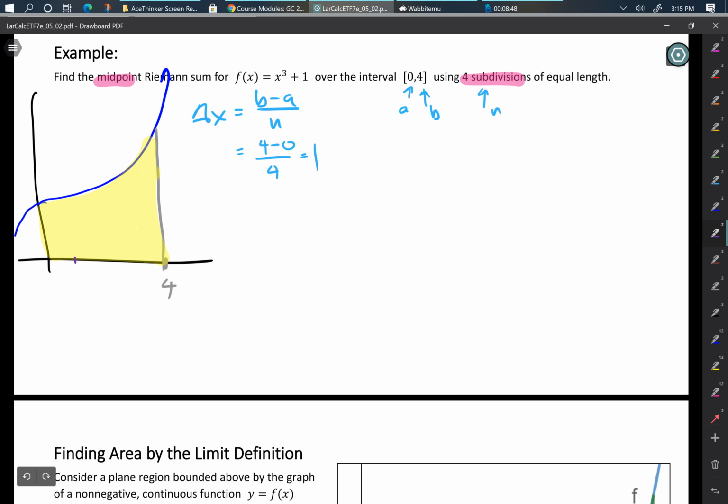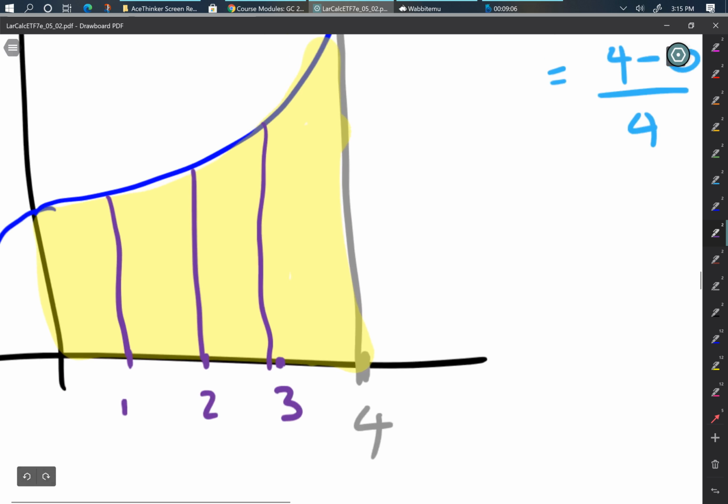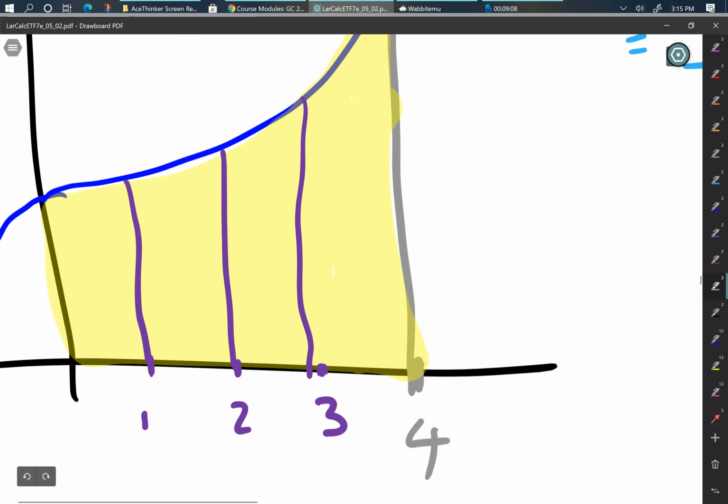So the first rectangle will stop at 1, the second rectangle will stop at 2, the third rectangle will stop at 3, and the fourth rectangle will stop at 4. And so I'm going to get this. And then how am I measuring heights? I'm using midpoints. So I'm going to come over here and say, well, there's the midpoint, so that's the height.